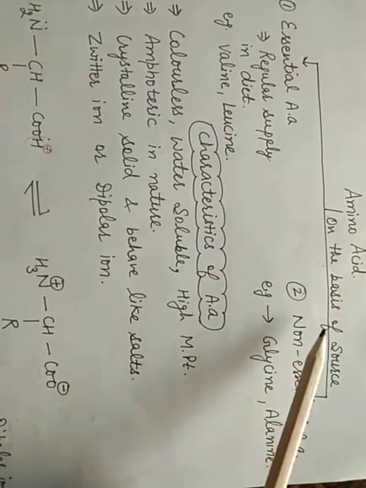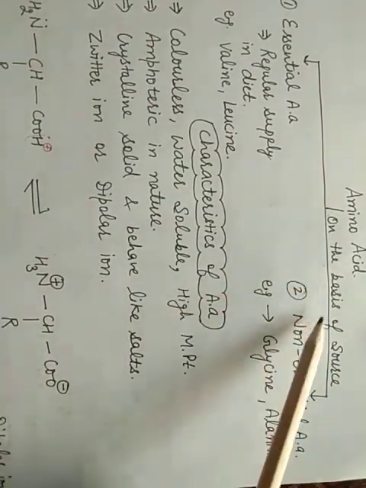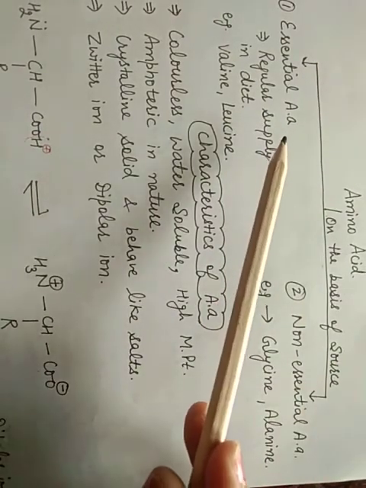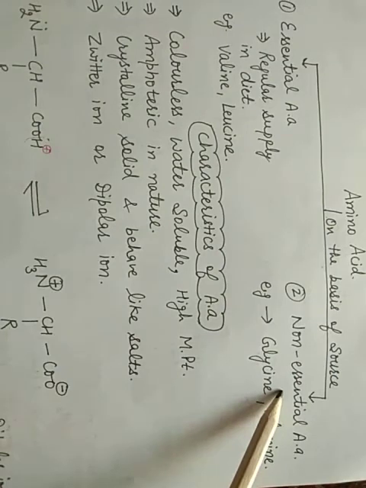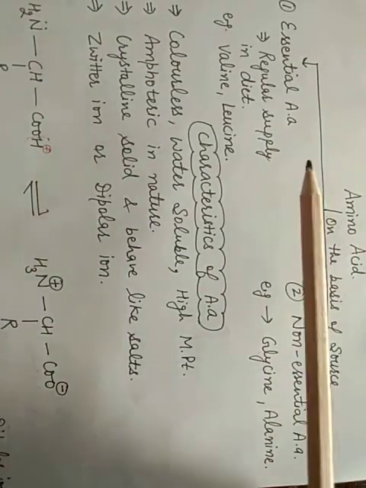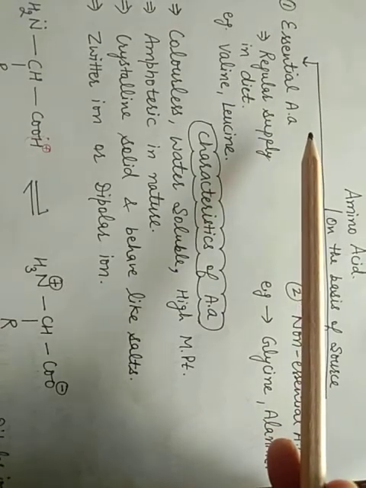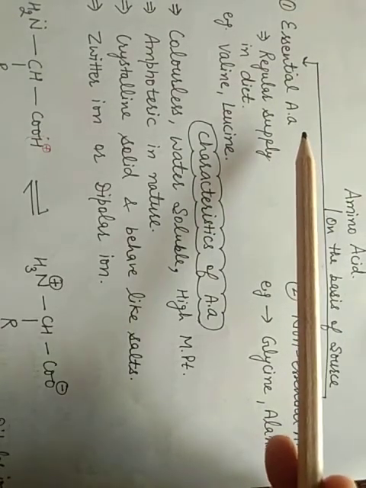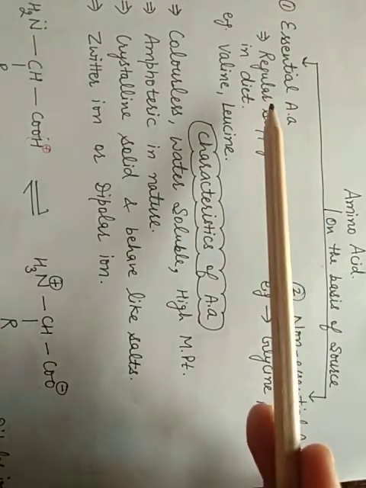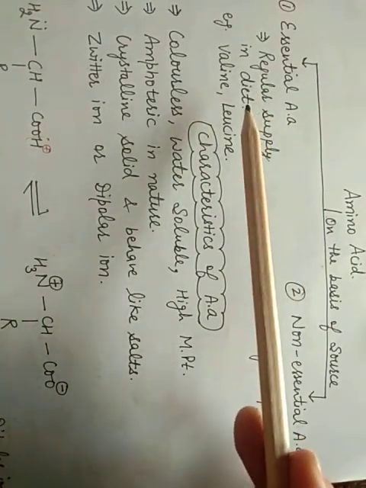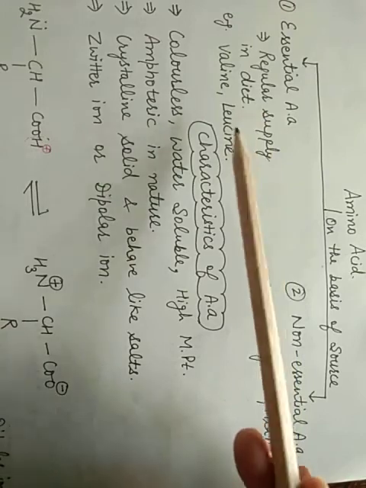Now the next classification of amino acids is on the basis of source. It is of two types, essential amino acids and non-essential amino acids. Essential amino acids cannot be synthesized in our body, and must be obtained through the diet, means a regular supply in the diet.